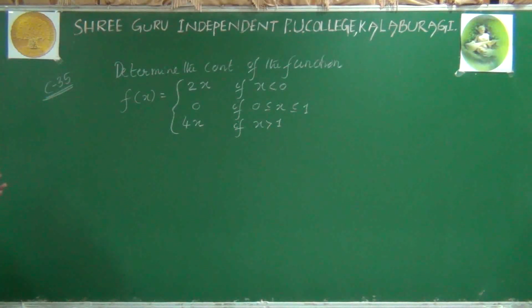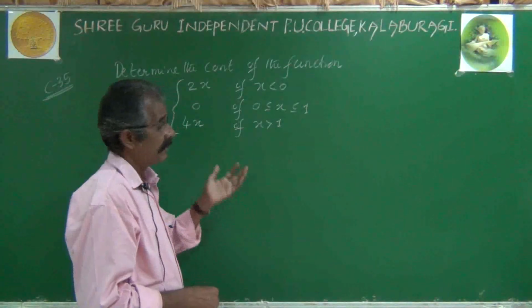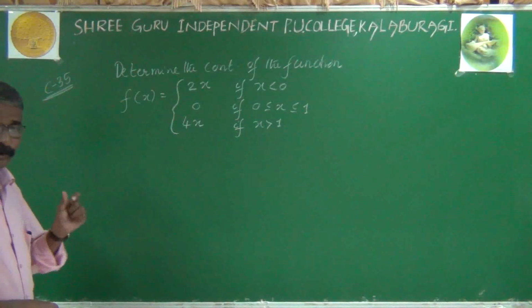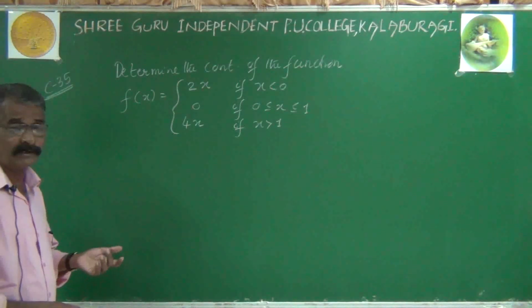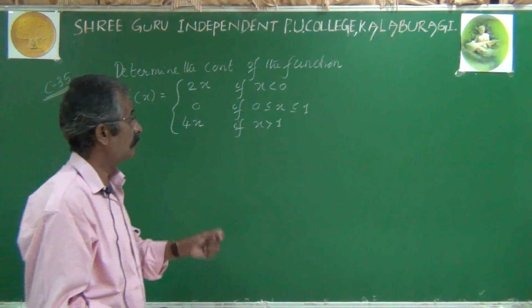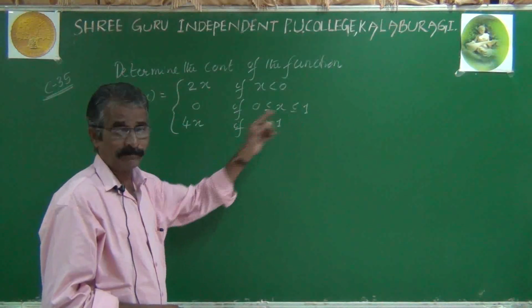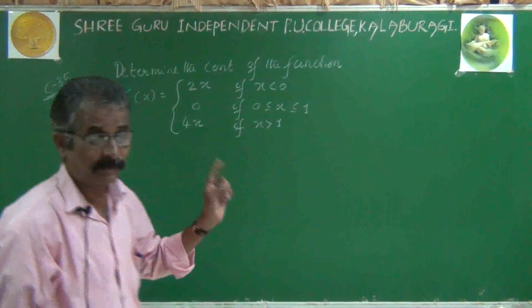Usually in such problems you will not be told at which points you have to discuss continuity of the function. Already I informed that idea. Here the points to be chosen are from the equalities, and also where we can get LHL and RHL. So the points are x equal to 0 and x equal to 1. At these points only we have to discuss continuity of this function.